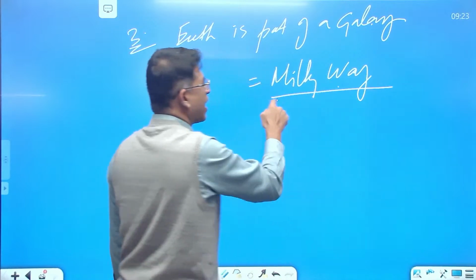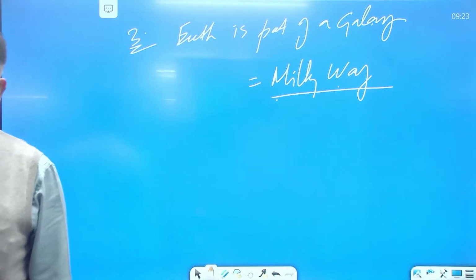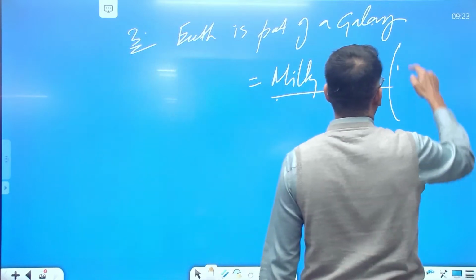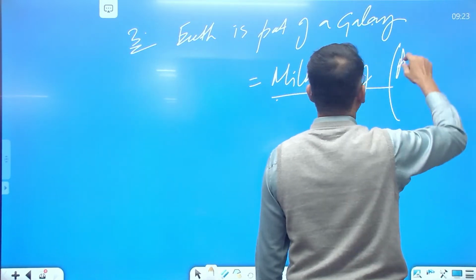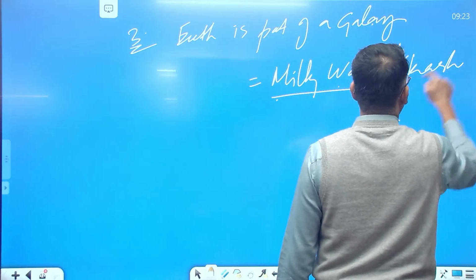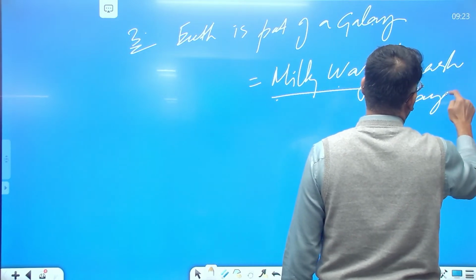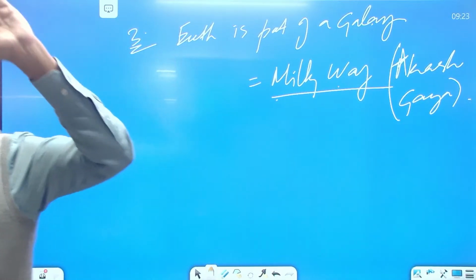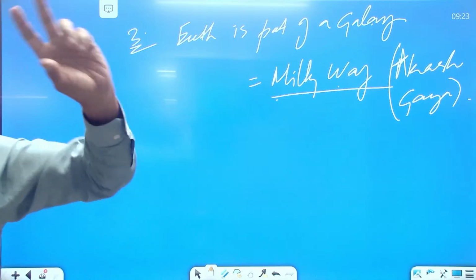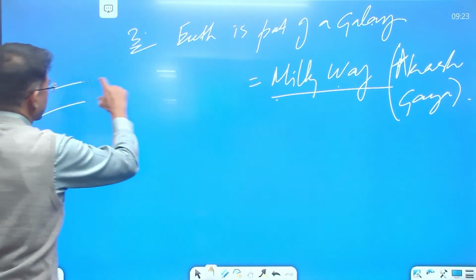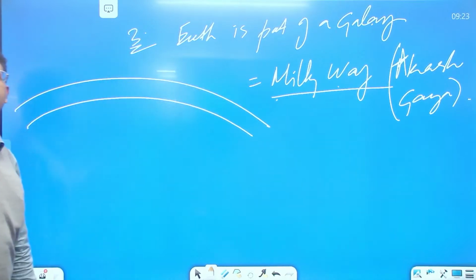Earth is part of a galaxy called as Milky Way. हिंदी में इसको बोलते हैं आकाश गंगा. It's like a river of stars and heavenly body. Okay, and Delhi में तो नहीं दिखाई देगा because of the pollution sky. Otherwise, अगर clear sky है, से mountains में है, okay, you can see a band of stars. Night sky में एकदम पूरा ऐसे band दिखाई देगा आपको. It is the Milky Way.